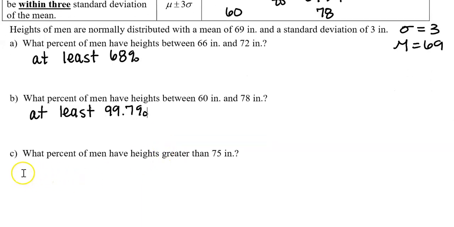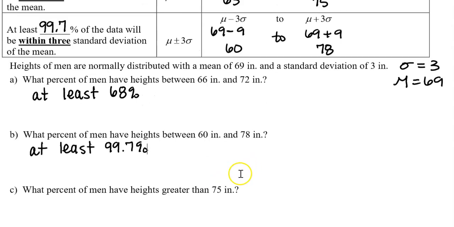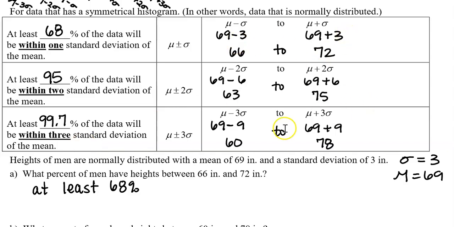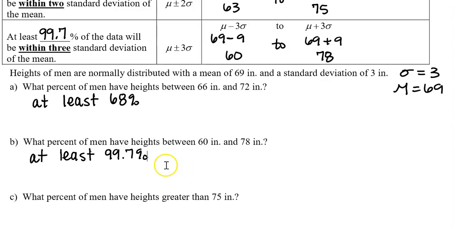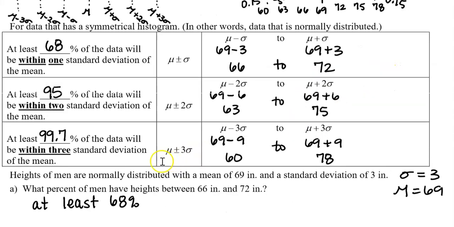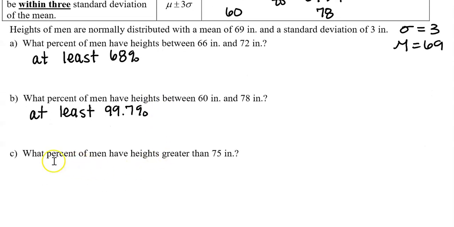Part C reads, what percent of men have heights greater than 75 inches? Greater than 75 inches, so we can't just look in the table here and pick that answer off like we did for part A and part B. So let's go look at our bell distribution that we have here. We want to know what percentage of men have heights greater than 75 inches.